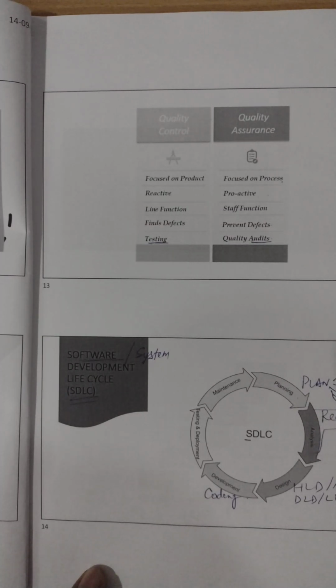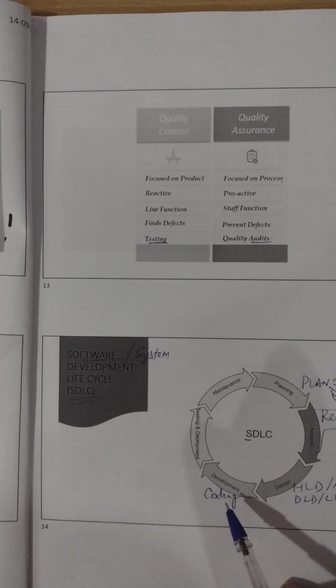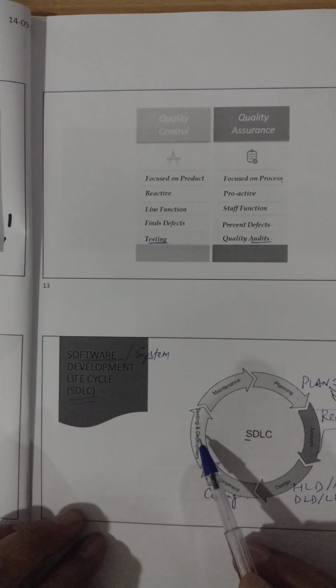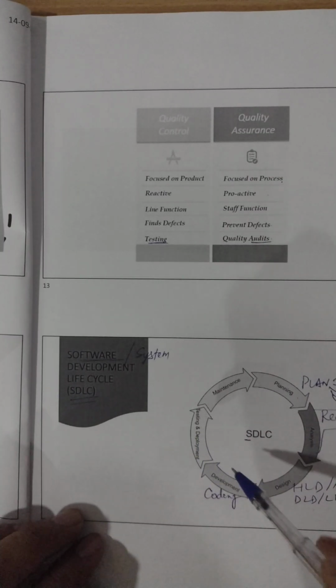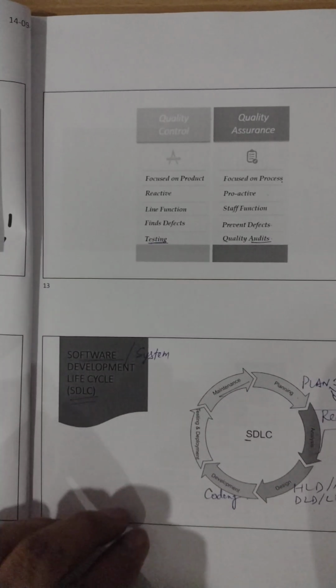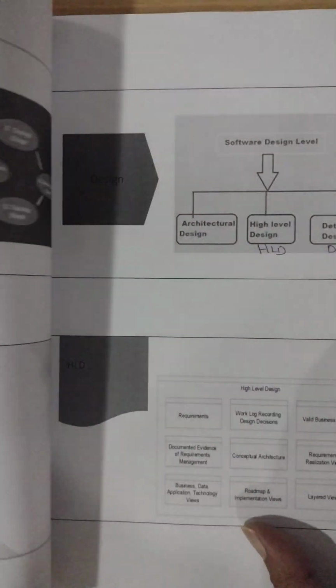In analysis you have the requirements. In design you have high level design, architectural design, detail level design, lower level design. In development you have coding and prototyping. In testing you have unit, integration, system testing and deployment. Once all is done, you get into the maintenance phase of the product or service.